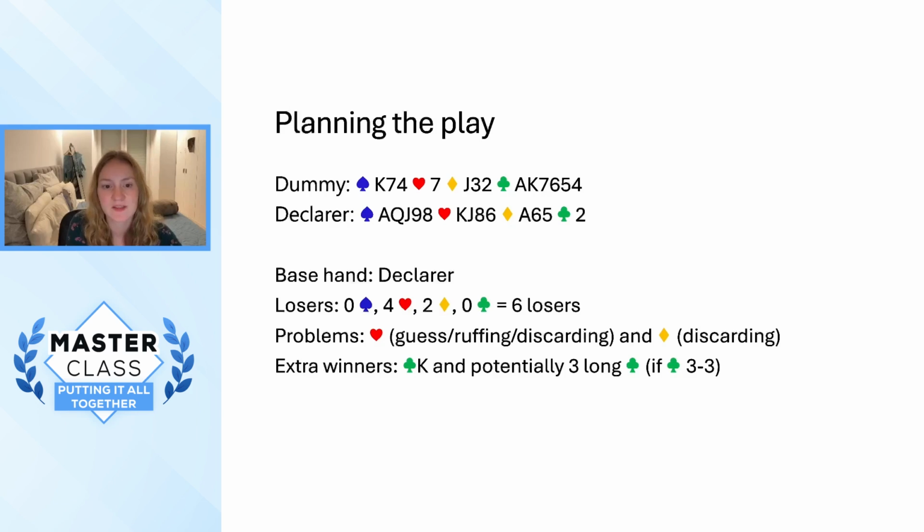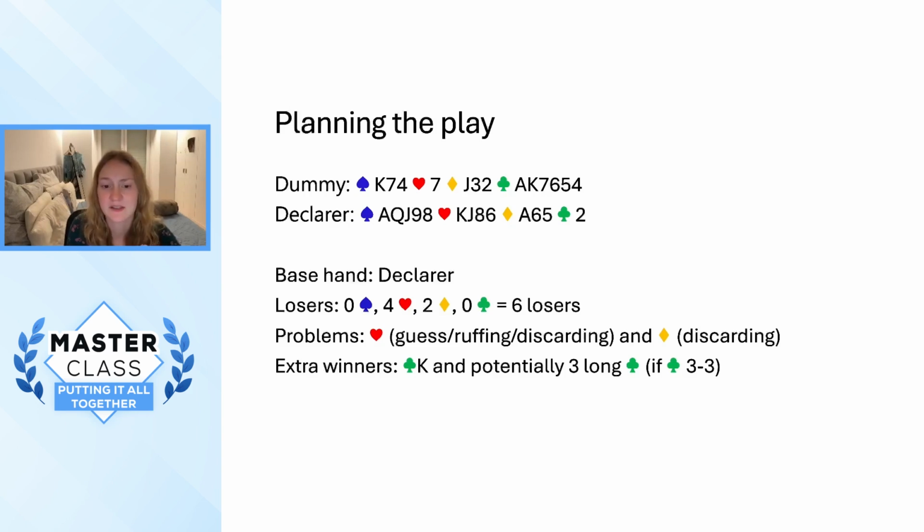Since we were talking about extra winners for discards, let's think about what those might be. The clubs have not had any of our attention so far, but if they've not got losers, then maybe they've got winners. So we can kind of focus in that way. The king of clubs is not doing anything at the moment. The ace is covering our 2 in our base hand, but the king is just sitting there without a job.